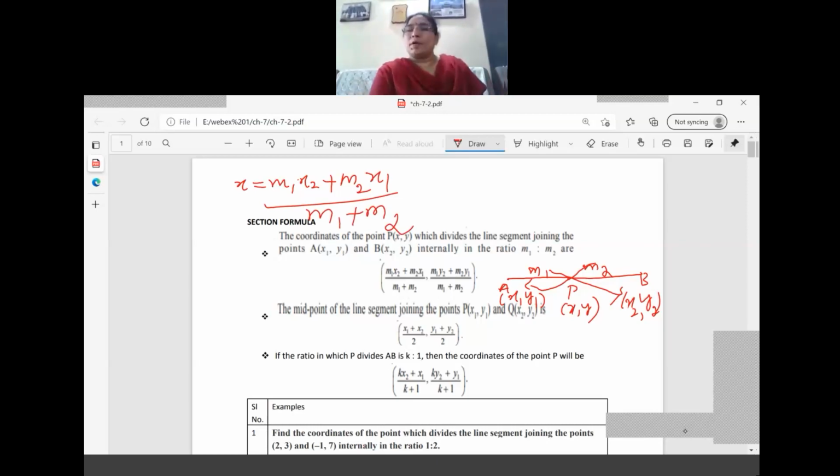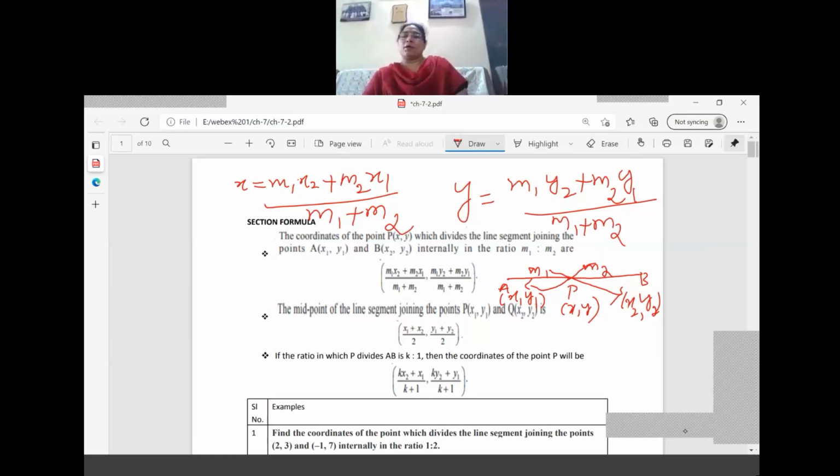Similarly you can write for y: y = (m1y2 + m2y1) divided by (m1 + m2).